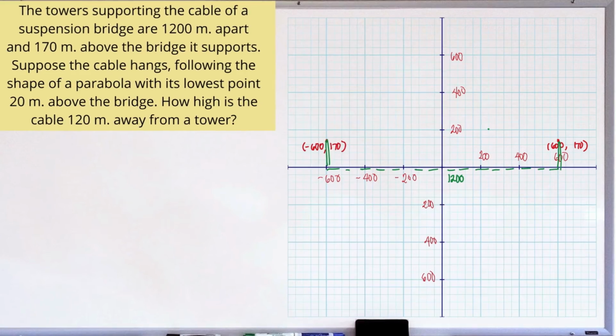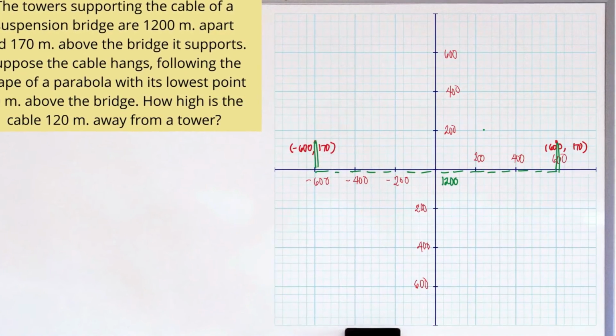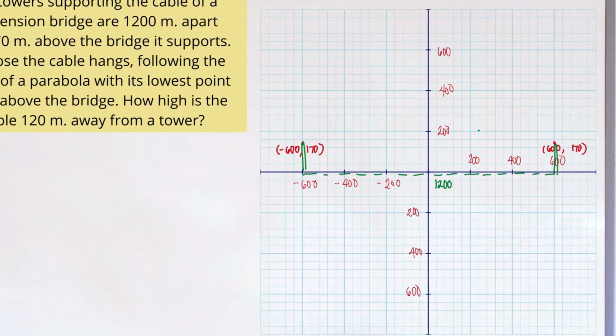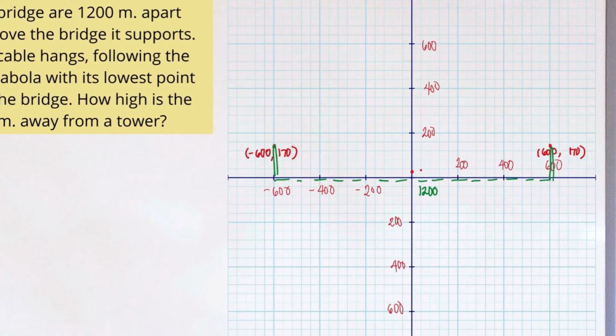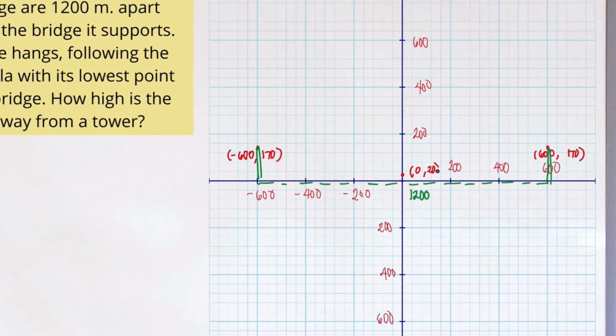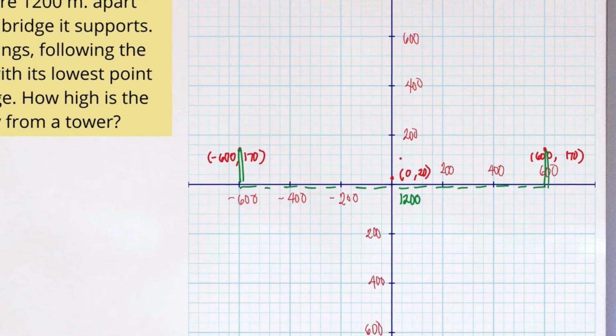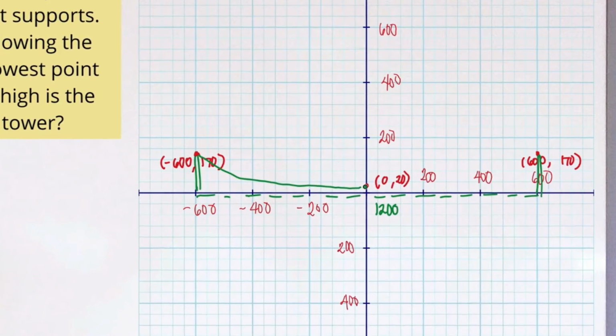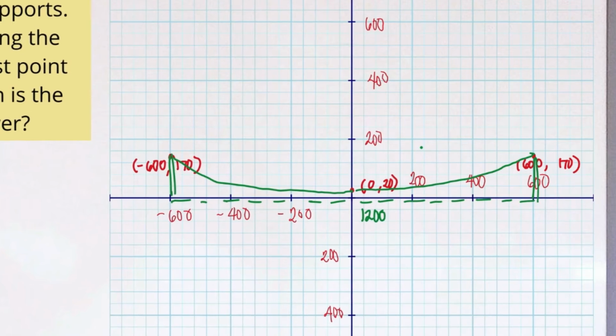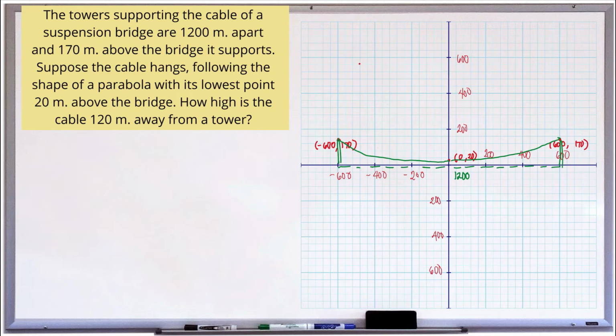The cable hangs following the shape of the parabola with its lowest point 20 meters above the bridge. So we can plot it here with coordinates (0, 20) that will represent the vertex of our parabola, since it's the lowest point of the cable that hangs in a parabolic shape. Now what we are asked to find in this problem is the height of the cable where it is 120 meters away from any of the towers.